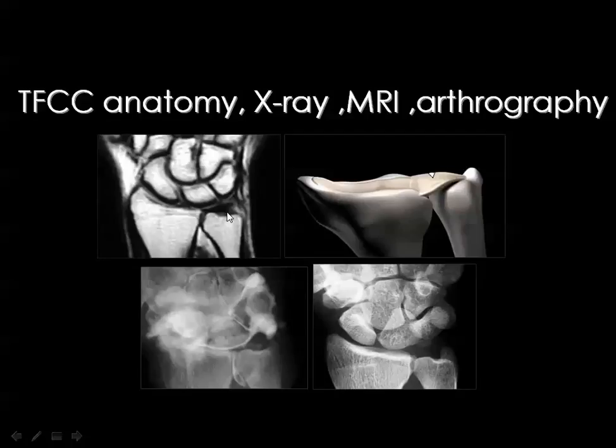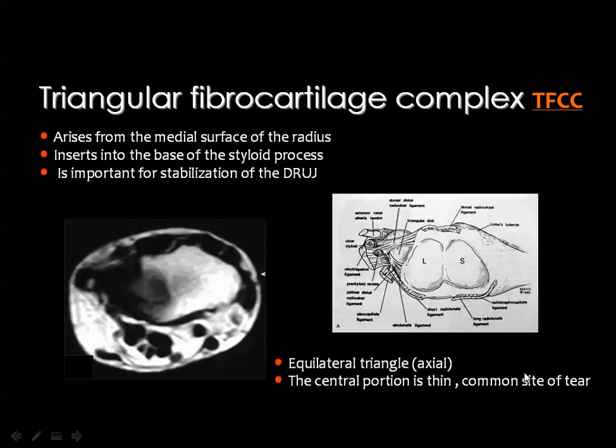It looks like the intervertebral disc, for example, a disc-like structure. And in the plain X-ray, you can imagine its site here. If you inject a contrast media inside the joint doing arthrography, then this filling defect will represent the site of the triangular fibrocartilage.